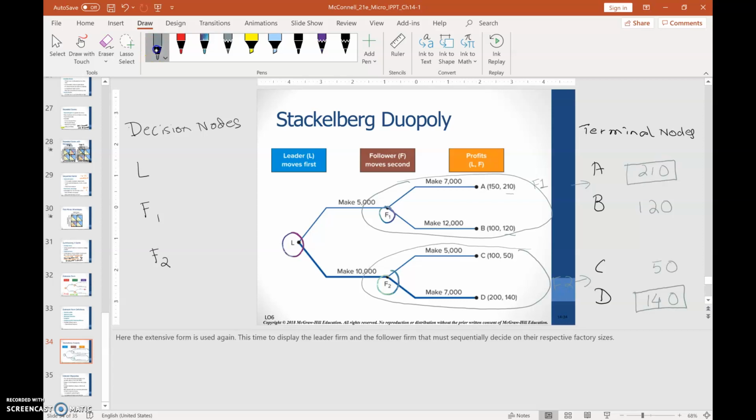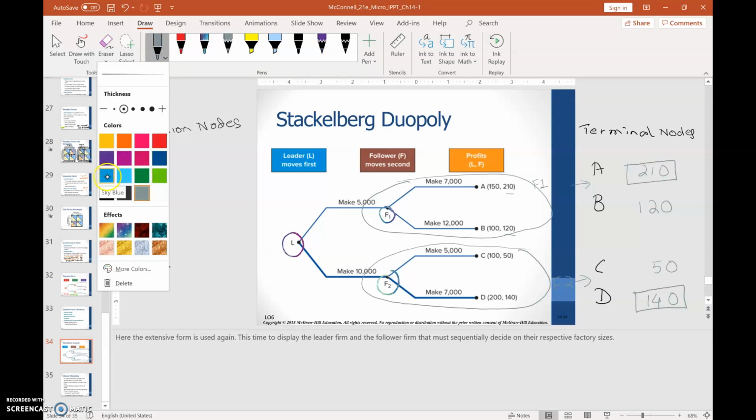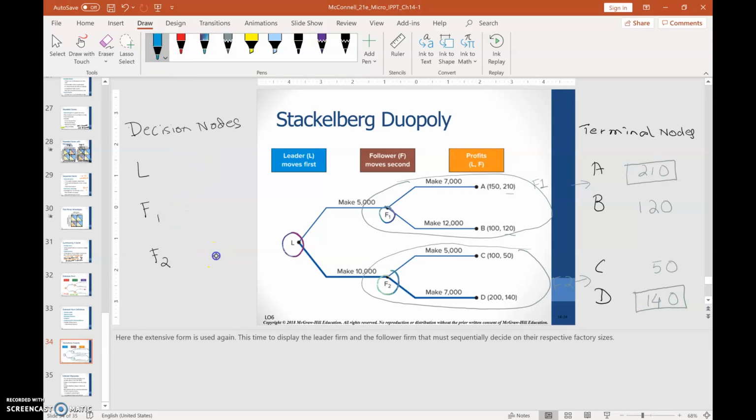Now take a look at this game from the leader's perspective. The leader is going to consider A and D and choose between A or D. And the first number is for the leader.